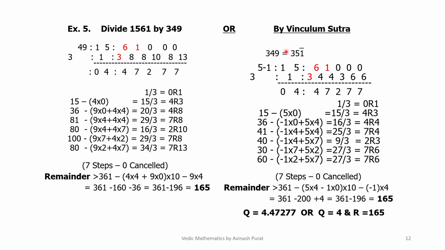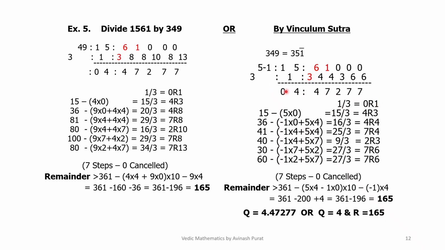Now we go for the wing column method. 349 is 35 minus 1 bar 1. So 3 is the first divisor, and 5 bar 1 minus 1 is the Dhvajanks. So again 2 digits 61 are taken after the decimal point. 1 divided by 3 is 0 or 1.